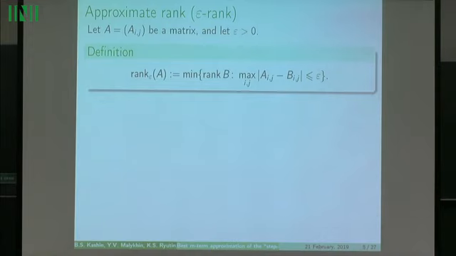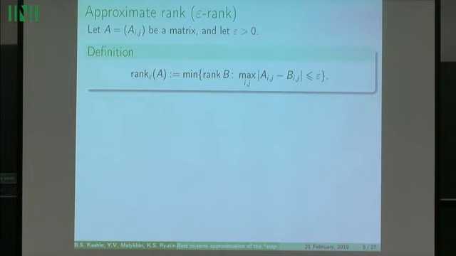And here is another definition which comes from the area of computer science. It's the definition of approximate rank or epsilon-rank of a matrix. Let A be a matrix, and we fix some epsilon greater than 0. Here is the definition. We are looking for another matrix of the minimum possible rank, such that each element of these two matrices differs by epsilon at most.